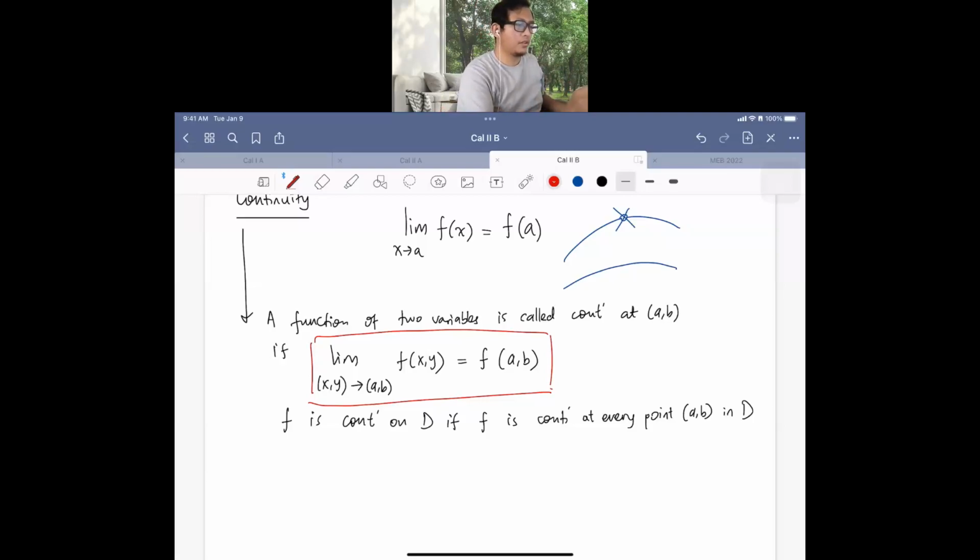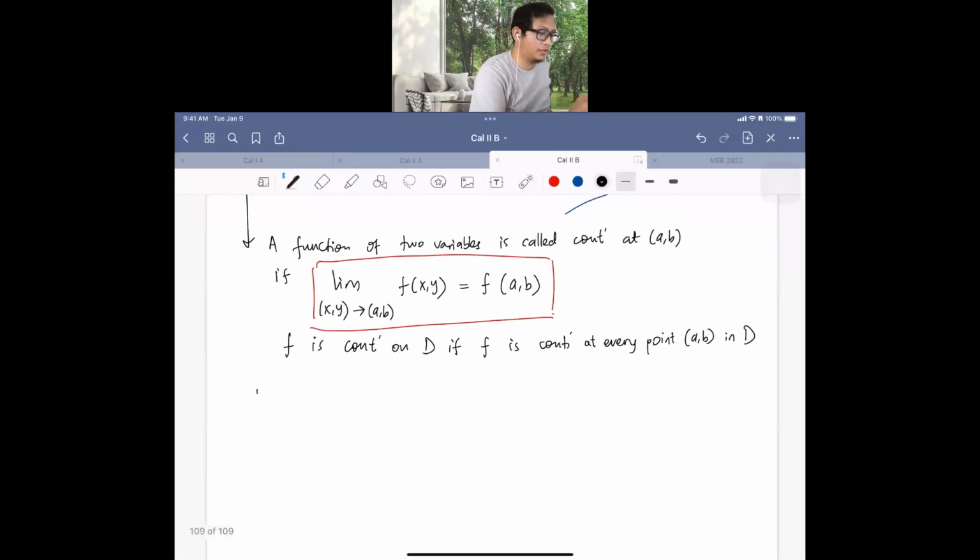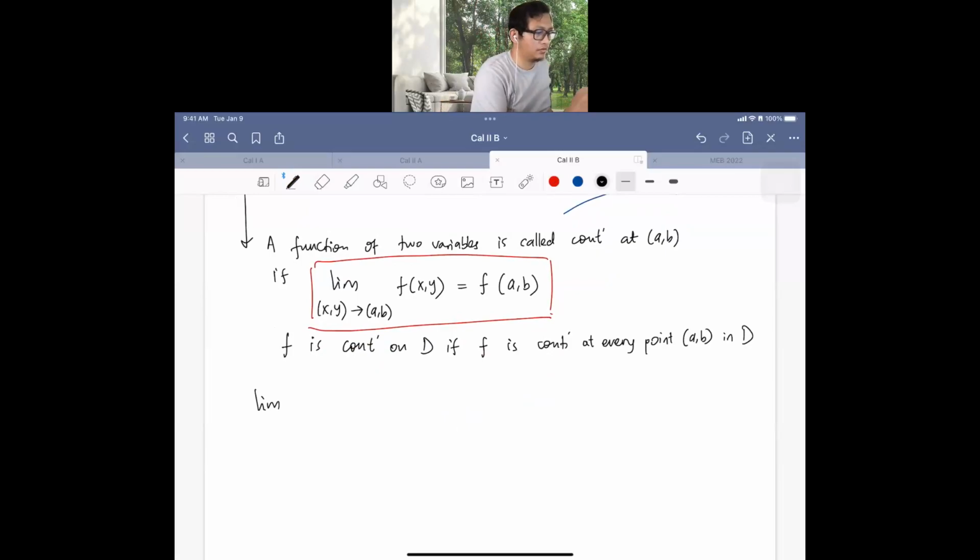If we bring up the same function as before, x squared minus y squared over x squared plus y squared, and imagine at 0, 0, the function will not be defined.